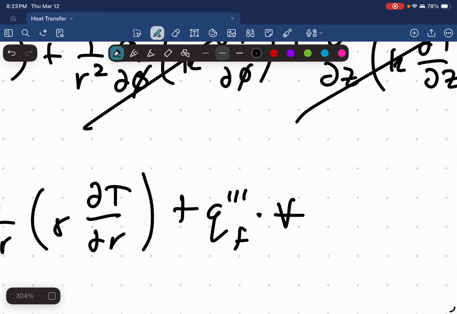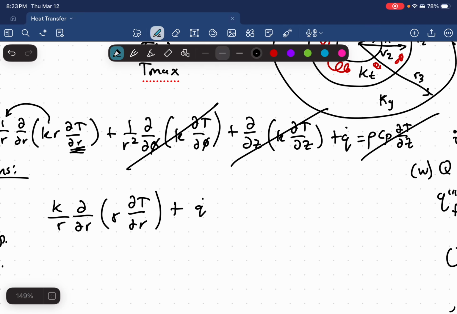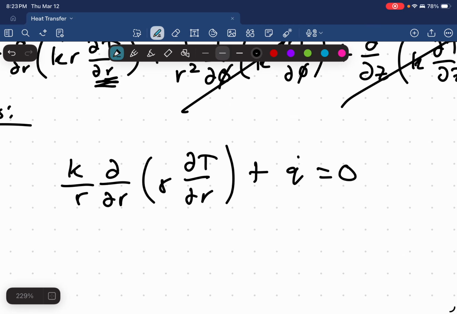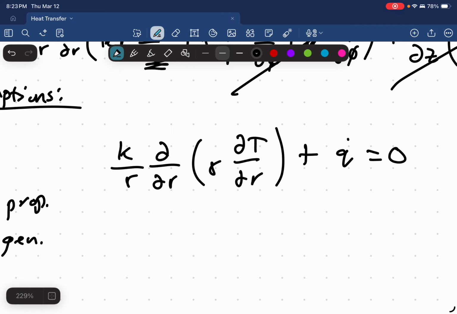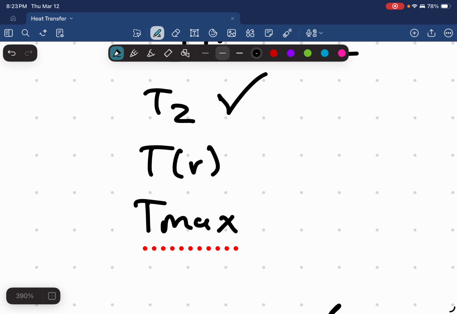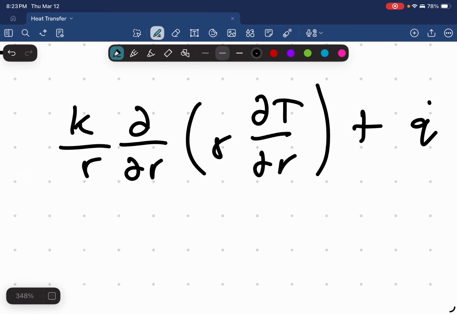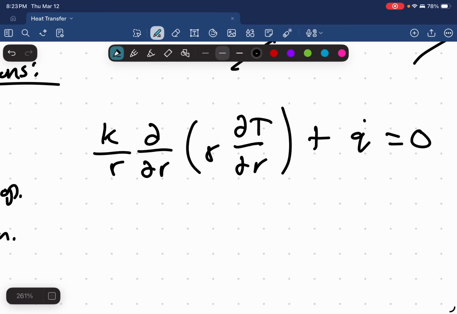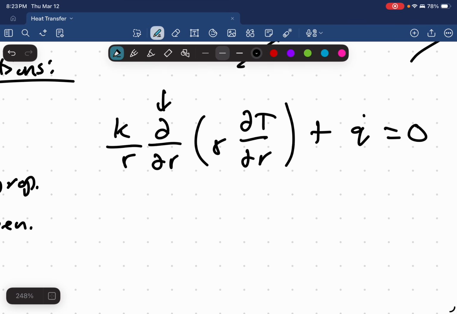Or for simplicity, you can just write q dot for now. You can just keep it as this variable. So now, to make this T of r equation, we're going to start by making sure that there's nothing in front of this partial derivative right here. So we're going to multiply everything by r over k to cancel this out.